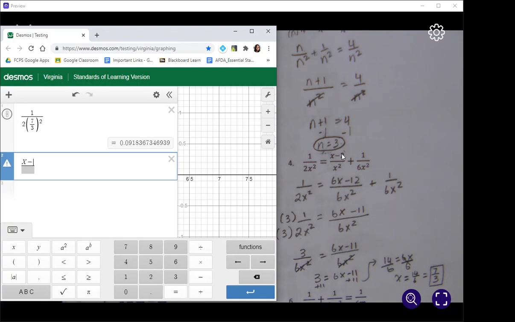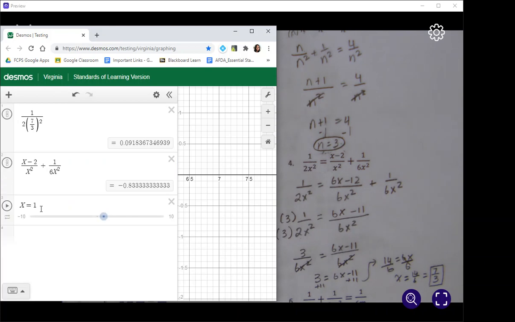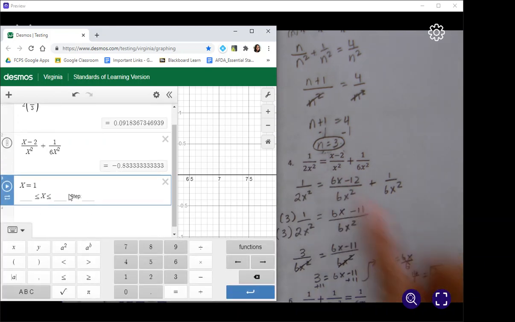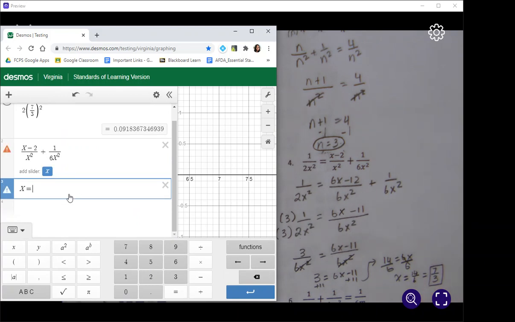So you have uppercase x minus 2 over uppercase x squared plus 1 over 6x squared. The reason I use uppercase is that it gives me the slider, and then I can just plug in a number for that slider. Now my x, I'm saying, is equal to 7 over 3, so let me change that to 7 over 3.